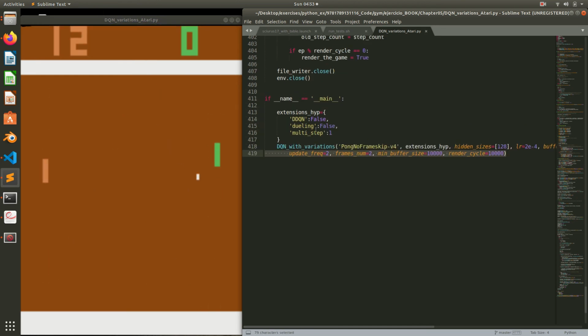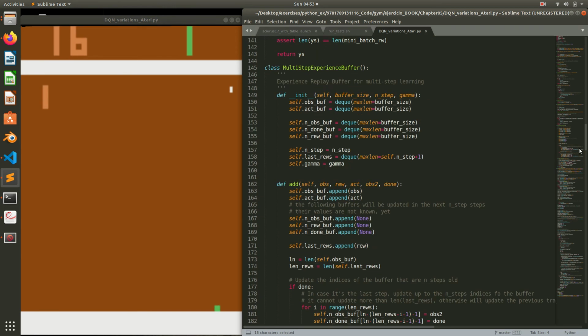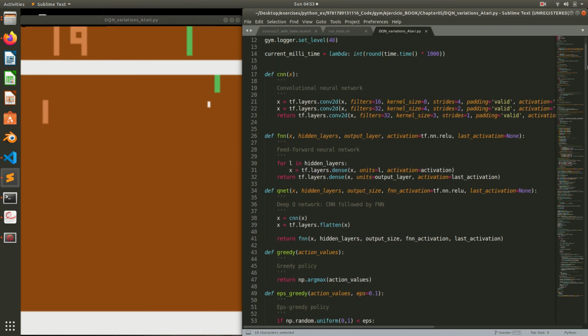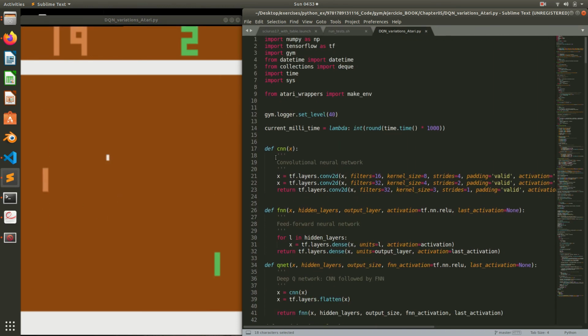So we can define the Deep QN variable as the environment of the Pong video game. We define the layers here, and we can define the convolutional neural network and the feed-forward neural network.